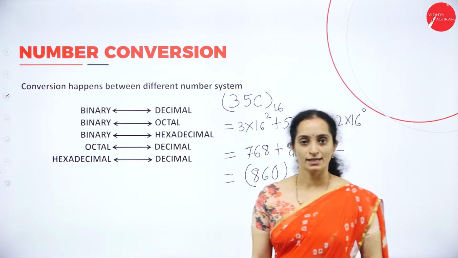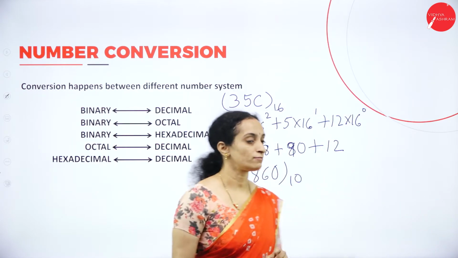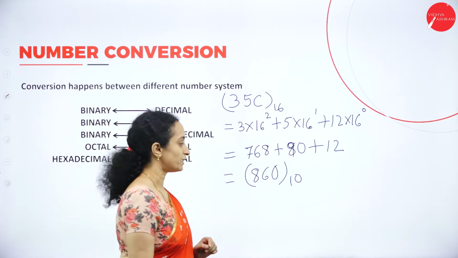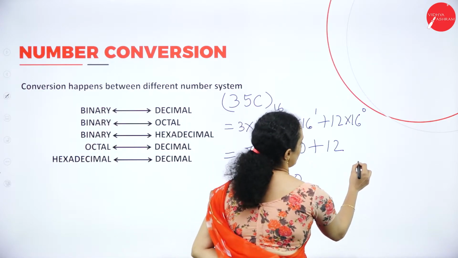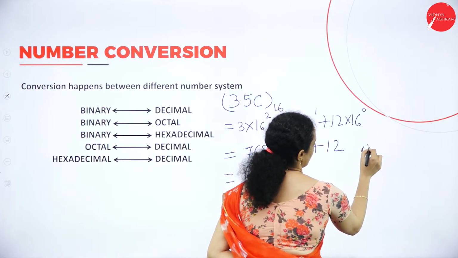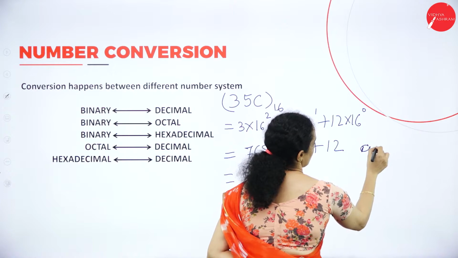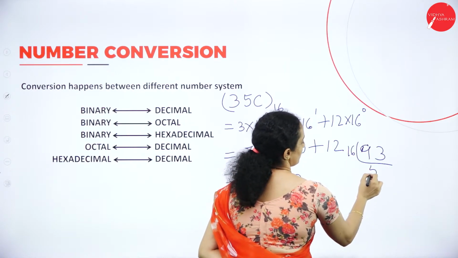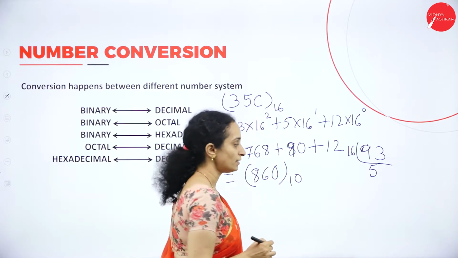It will be 860 to the base 10. How do you convert decimal to hexadecimal? Suppose you take 93, so you can divide it by 16.